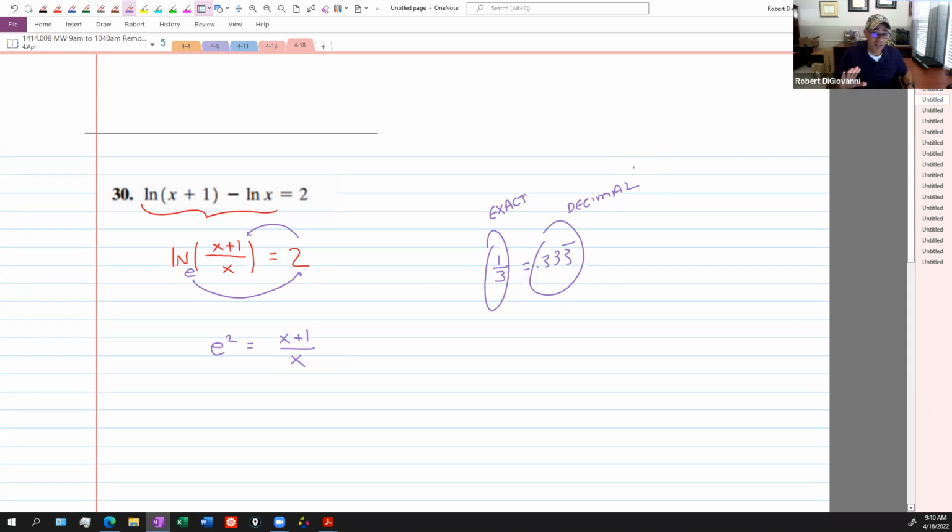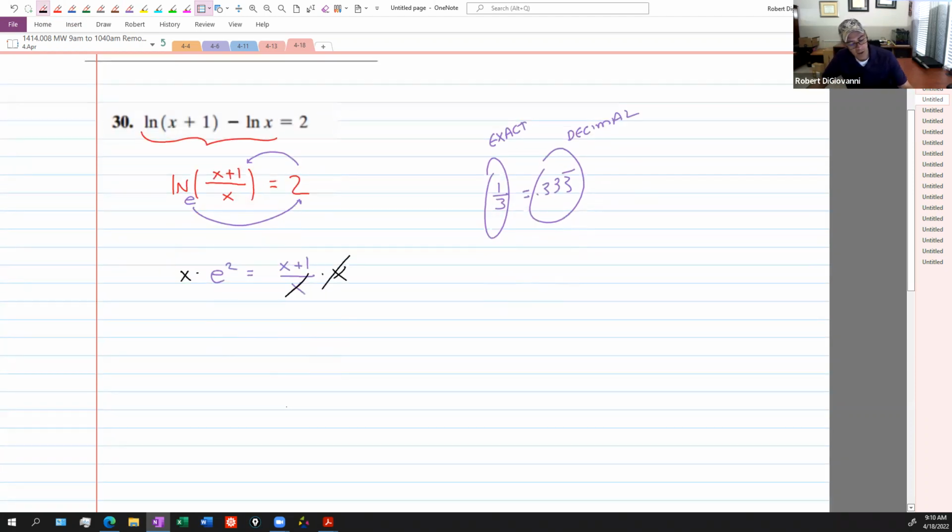I'm going to leave it as e squared because, as you move on in math, a lot of times we don't like to approximate. We want to leave things exact. So everyone keep in mind that e squared is just a number. That's all it is. So I'm going to clear the fractions. Multiply both sides by x. That'll clear out the fractions on the right. On the left, I'm going to write it this way, e squared times x.